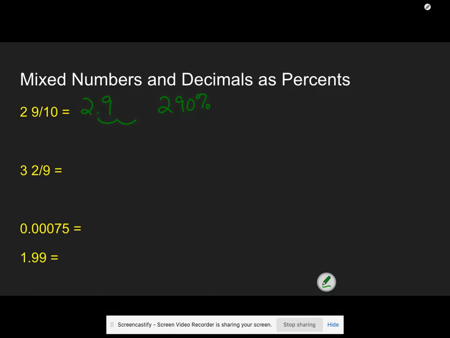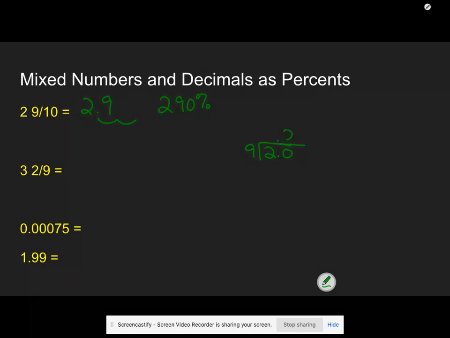3 and 29 hundredths, or 3 and 2/9, excuse me. So I don't know what 2/9 is as a decimal. So I'm actually going to have to take 2 and divide by 9. All right, remember, we can find a decimal by taking numerator divided by denominator.